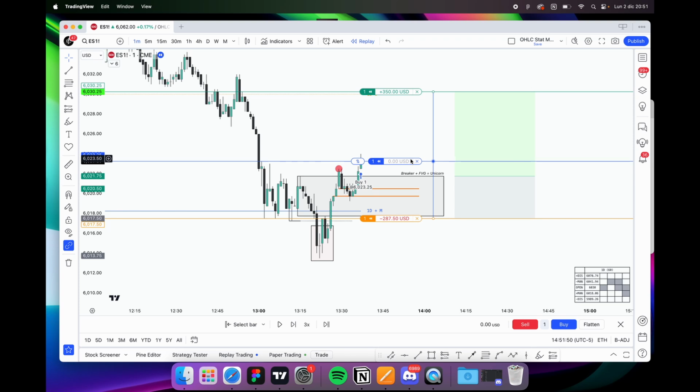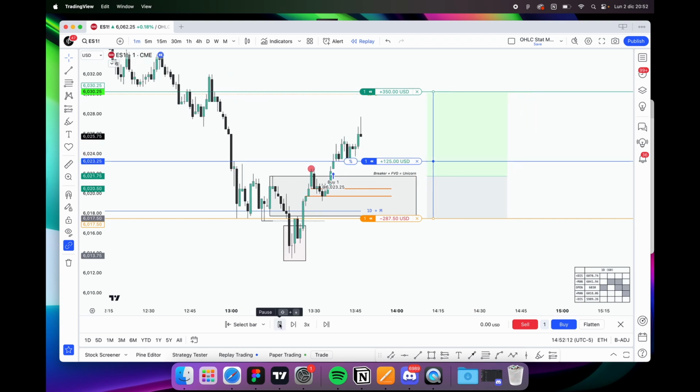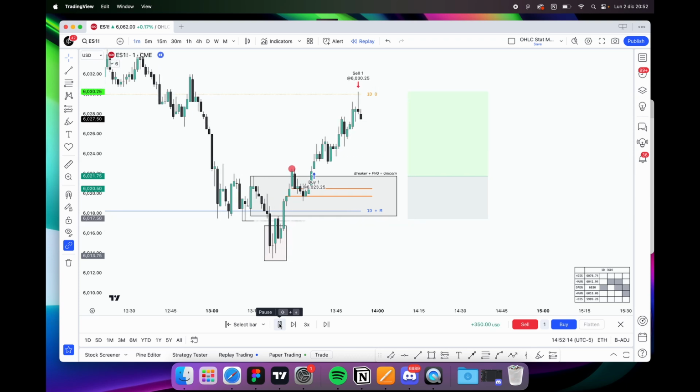You can check that same example on my X page with the trade labels and everything, so you can see how I saw the trade. But I opened my position on that low down candle, aiming for 2R and just waiting for price to hit.